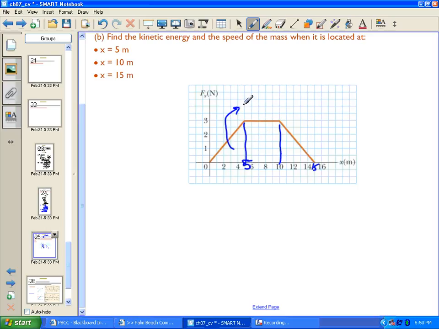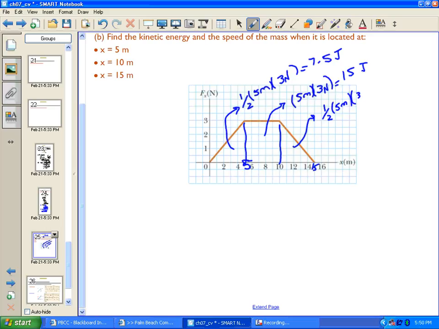The first area is 1/2 times 5 meters times 3 newtons, which gives us 7.5 joules. The second area is 5 meters times 3 newtons, which gives us 15 joules of work. And the last area is 1/2 times 5 meters times 3 newtons again, the height of the triangle.